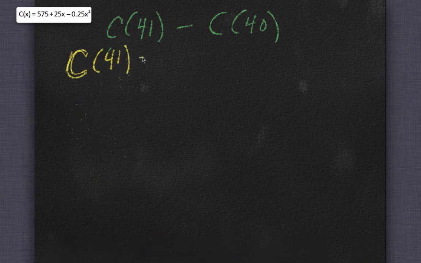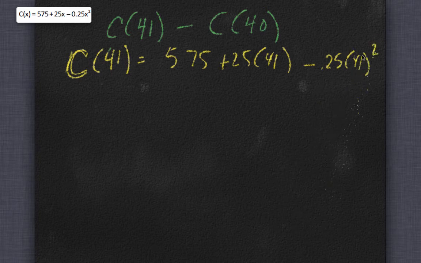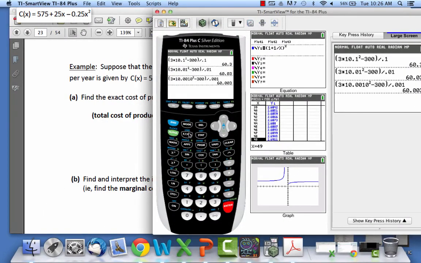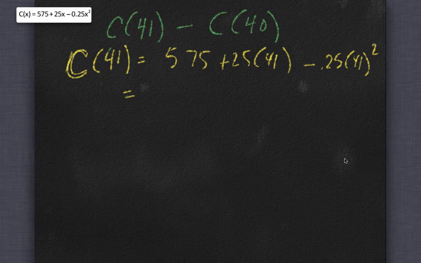Okay, I switched colors. C of 41 is $1179.75.